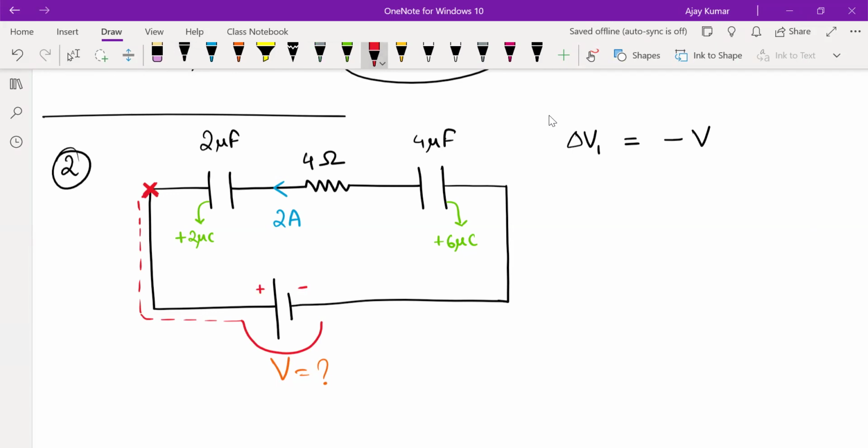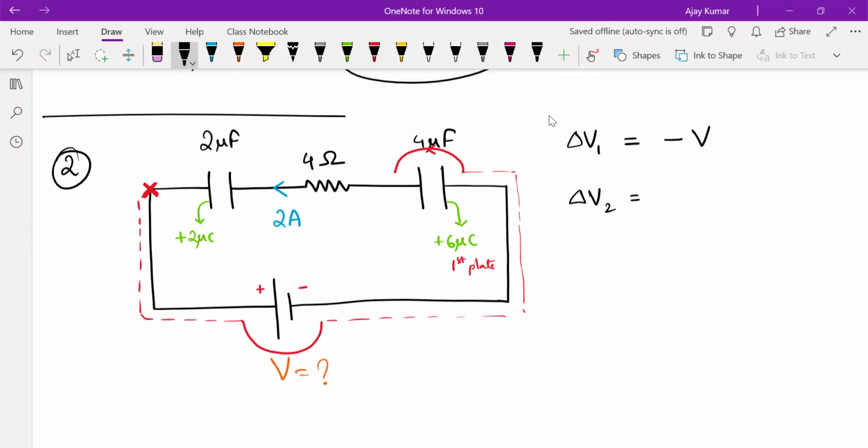Next, continue moving. We come across this 4 microfarad capacitor and we go from this side to this side. The first plate is the positively charged plate. How do you write the potential change across that capacitor?